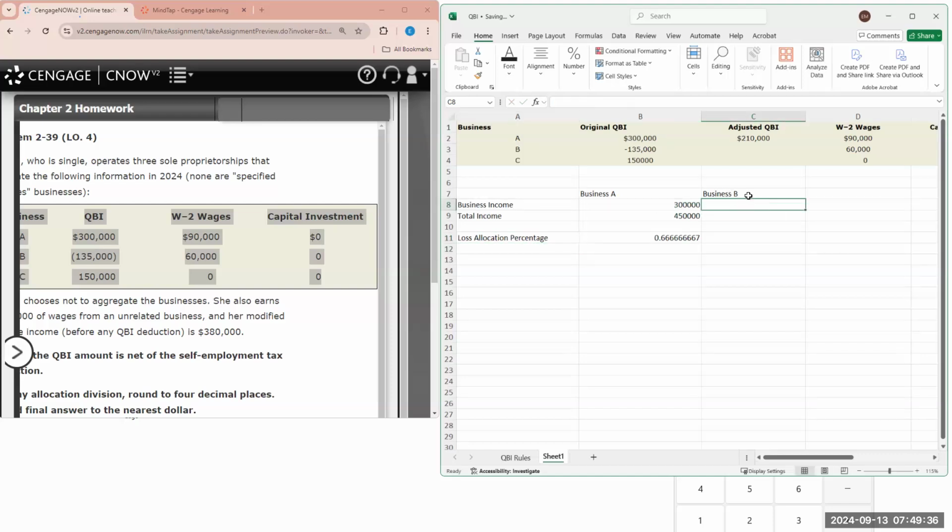And then for business C, the business income is 150,000 and the total income is the same, 300,000 from business A plus 150,000 from business C. So therefore, the loss allocation percentage for business C is 33%.